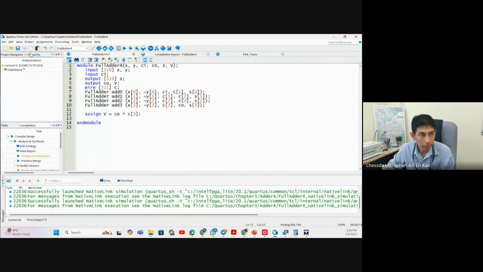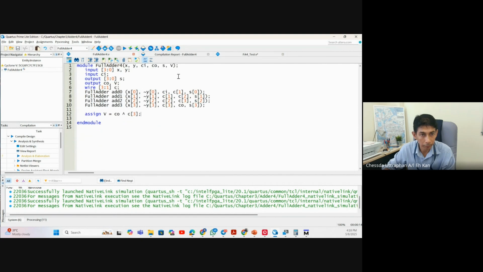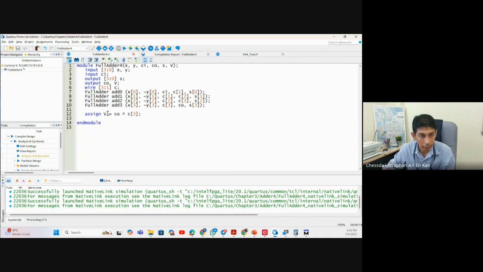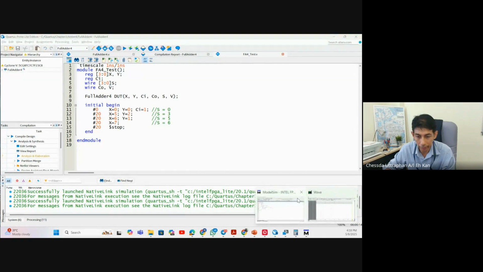And of course, we need to have this also V, because we have V here, and in this case now we will have V here for this, right, as the output, CO and V. Okay, now let's see the simulation.